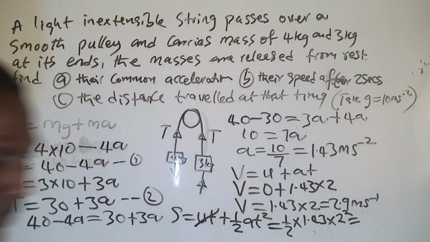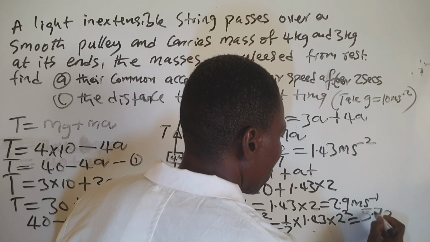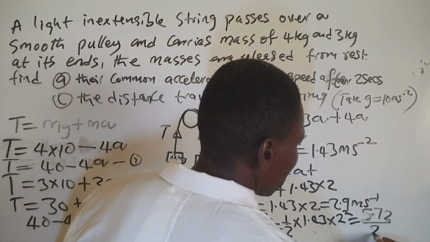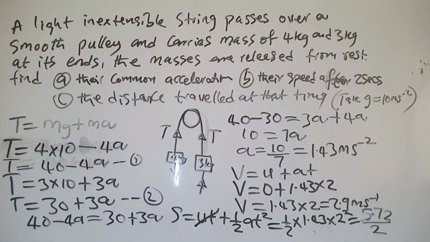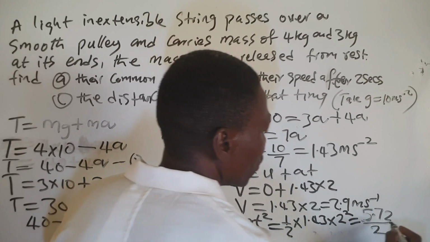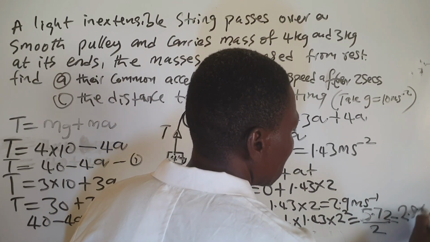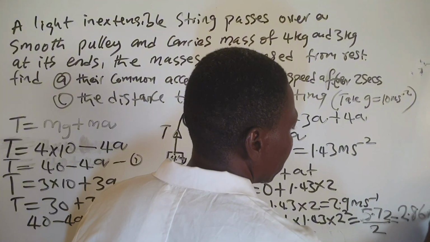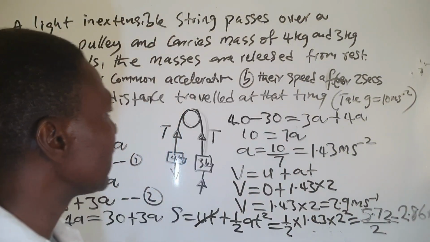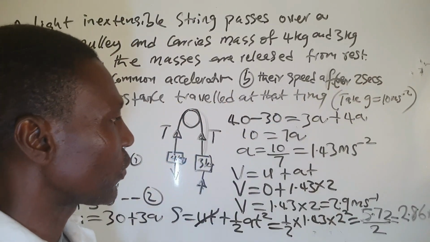What is the answer? 5.72. 5.72 divided by this 2. When we divide 5.72 by 2, we now have 2.86 meter. That is the distance traveled at that time, which is 2 seconds.